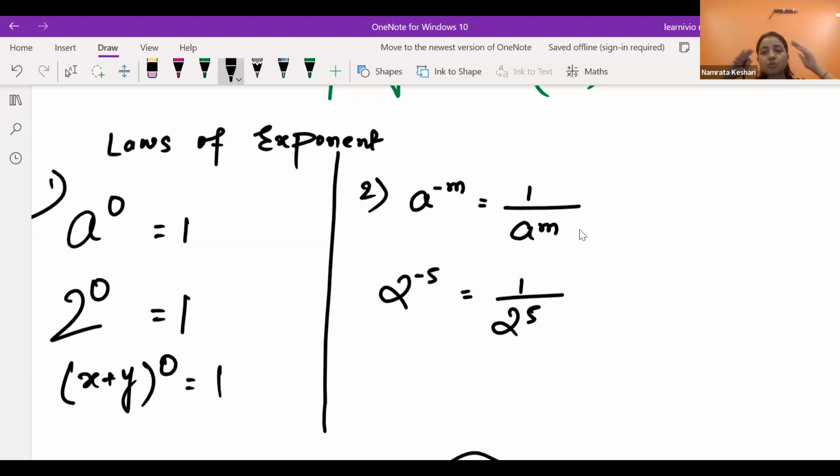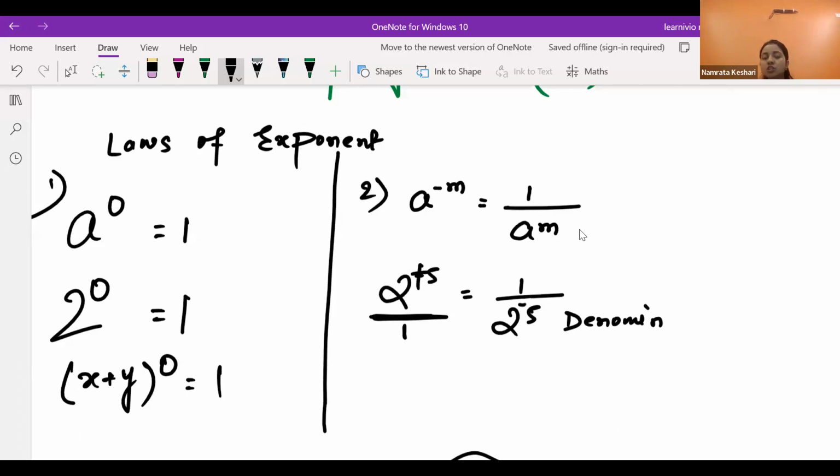We just have to reverse the sign of the power. So on the left side, you can see 2 to the power minus 5 is sitting in the numerator, yes or no? We are shifting it to the denominator on the right side. So we can do so, it is completely okay. It is allowed in mathematics. We just have to reverse the power sign. If it was negative, now it will be positive. If it was positive, now it will be negative.